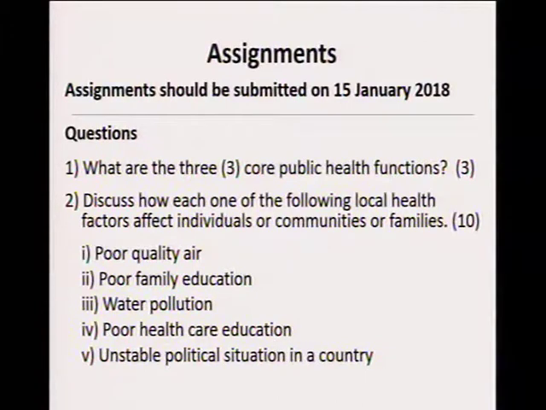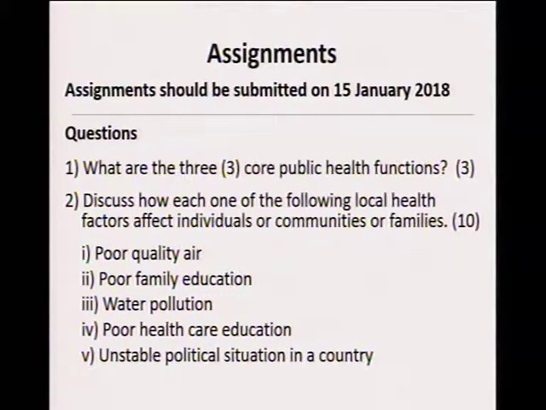situation in the country. So you are asked to discuss how each of those factors that are mentioned there actually affect either individual, community, or families. That is poor quality air. So how does poor quality air affect individuals, community, or families?